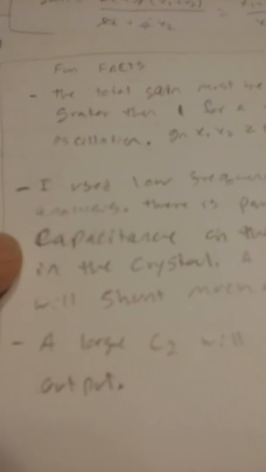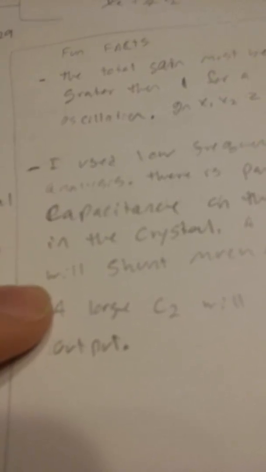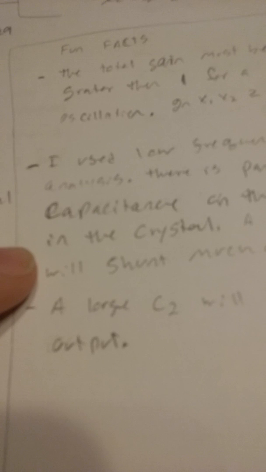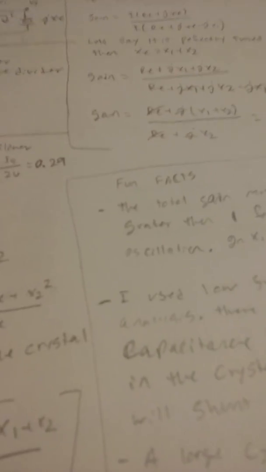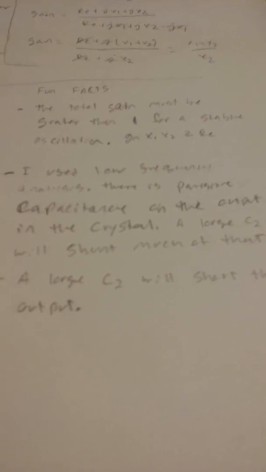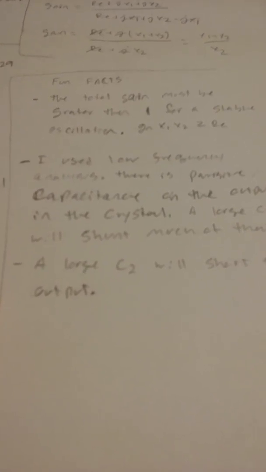So some other fun facts. I did not account for any parasitic capacitance. That's what I was looking for. There'll be parasitic capacitance across the transistor and across the crystal with high frequency, which we're well into.